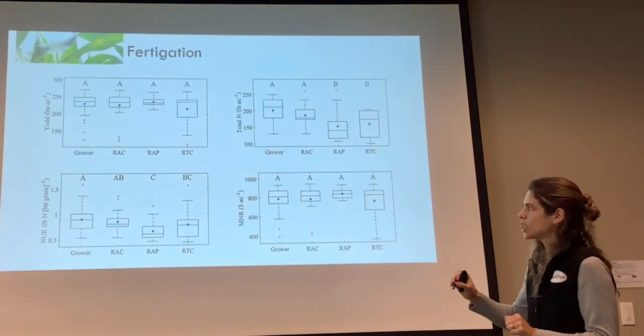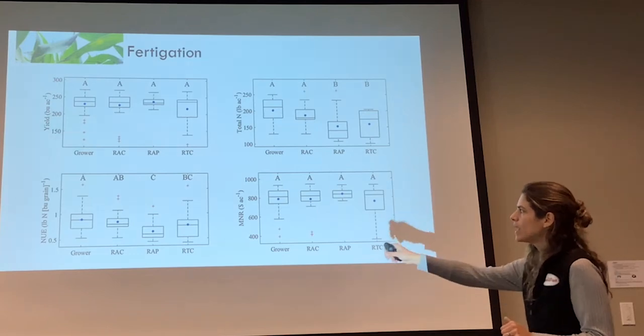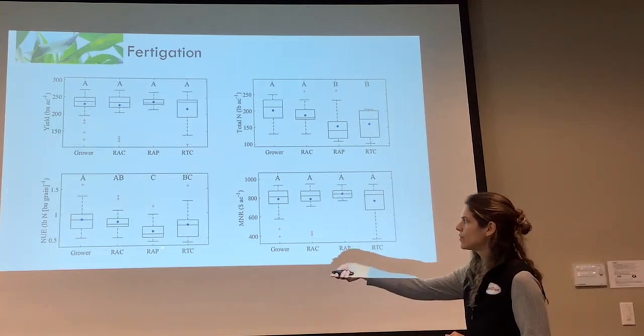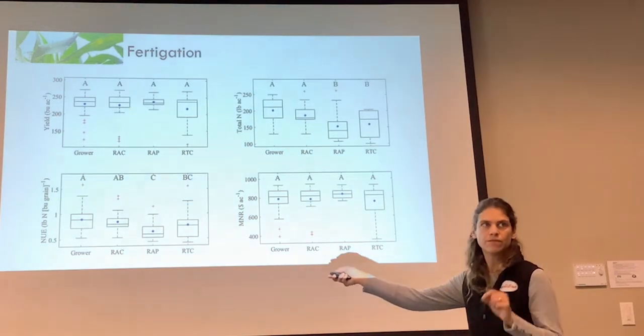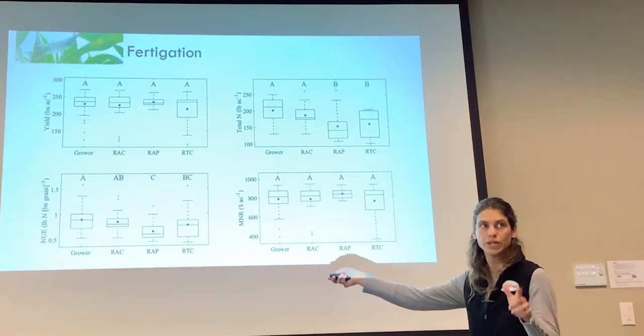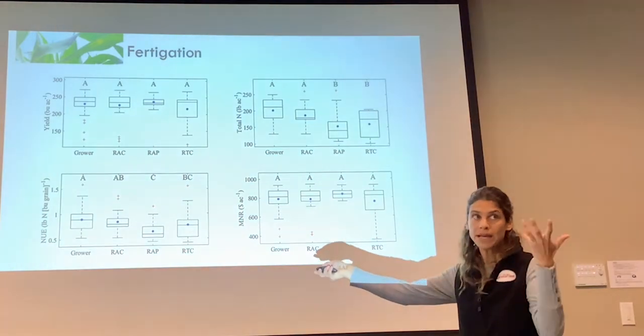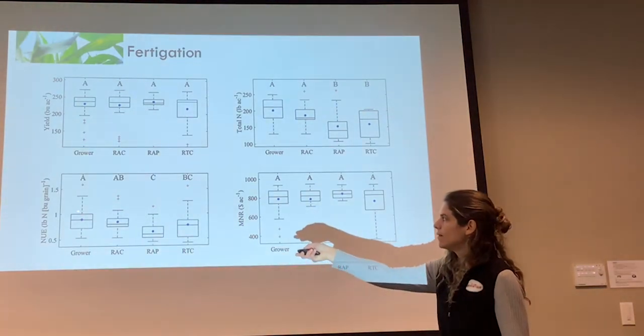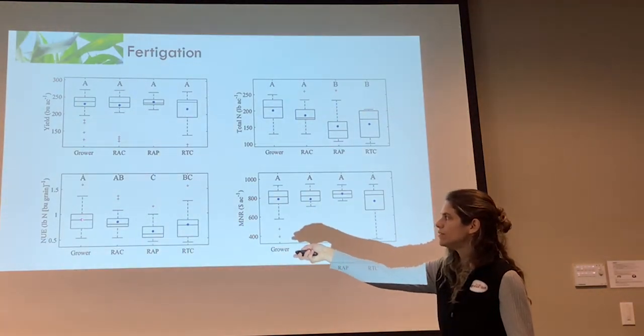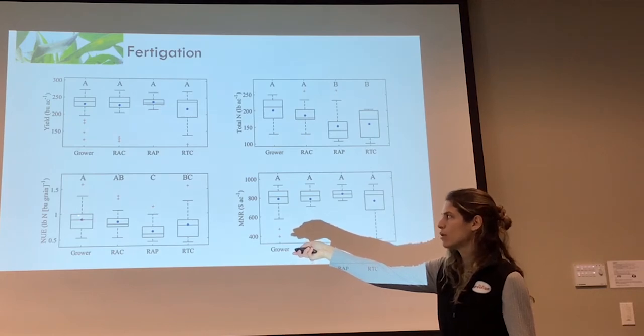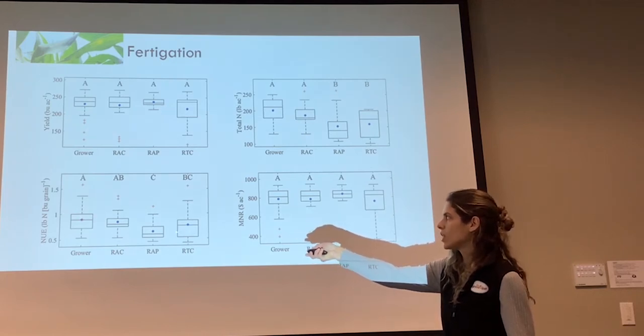But I wanted to show you, these are my three categories of managing fertilization or fertigation with images and just drone and pictures from satellites. This is the growers' nitrogen use efficiency, so you can see very efficient growers in general, but you can see a decline.